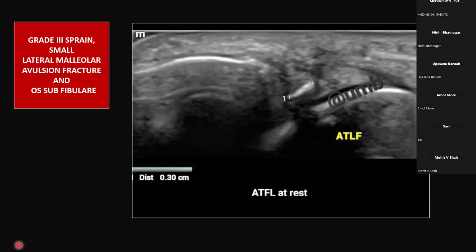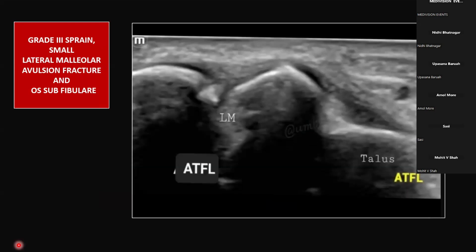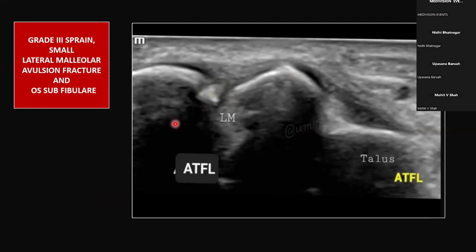Another case, we can see a small bony fragment lying in between the joint space, and there is disruption or irregularity of the ATFL. And we can see a very smooth large bone there below, but there is a small avulse fracture there. So I thought it's a bony fragment from the lower end of the fibula, the lateral malleolus, but there is no such bony injury, and in fact it is a subfibular ossicle, and of course it's very smooth.